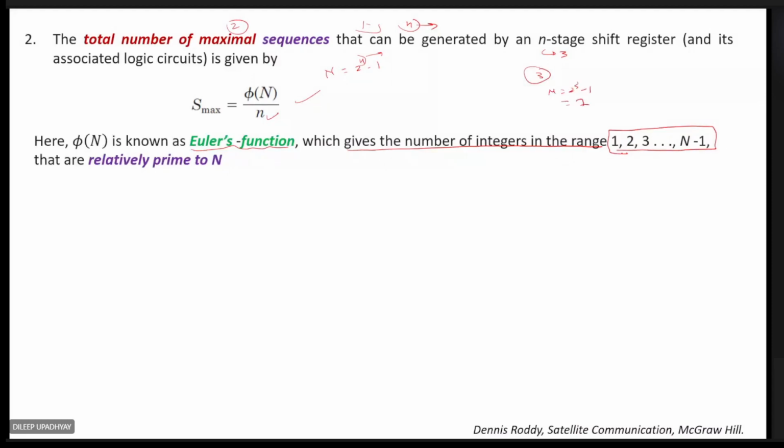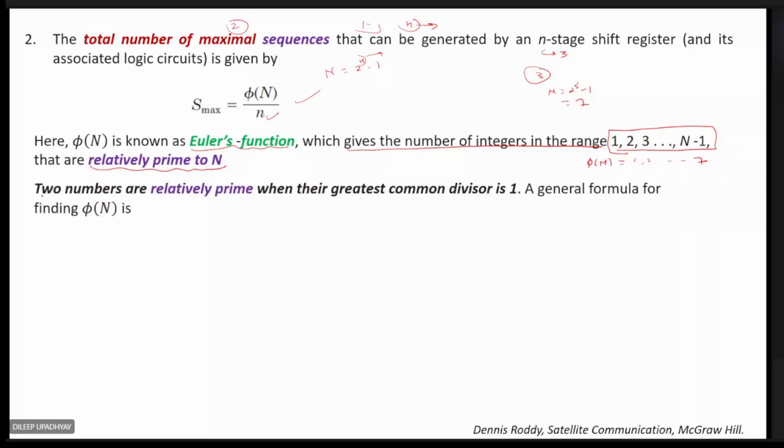So phi N can take values from 1, 2 up to 7 that are relatively prime to N. You might have heard of prime numbers, but not of relatively prime. Two numbers are relatively prime when their greatest common divisor is 1.